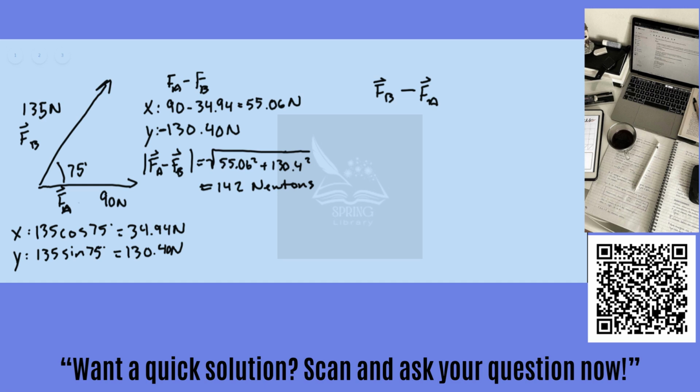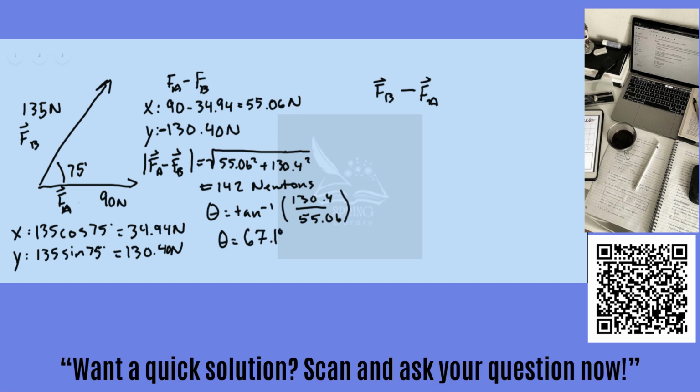And we can find the angle theta that it's going to make with the x-axis. Theta is going to be arctangent of the y component over the x component, opposite over adjacent, which is going to give us about 67.1 degrees.